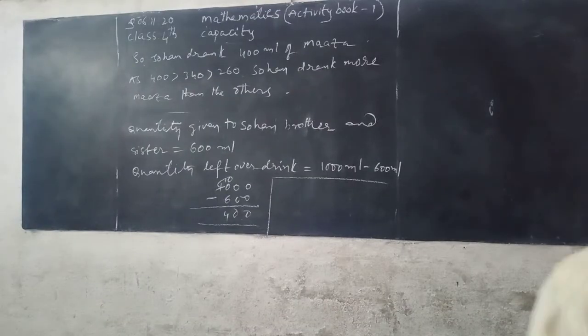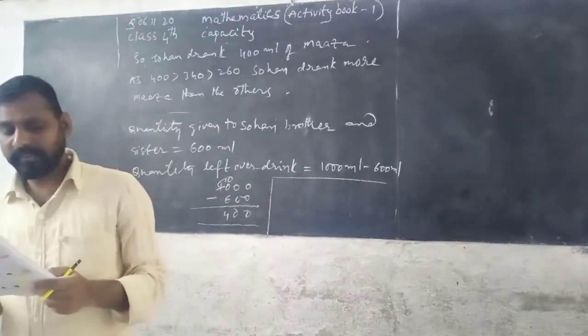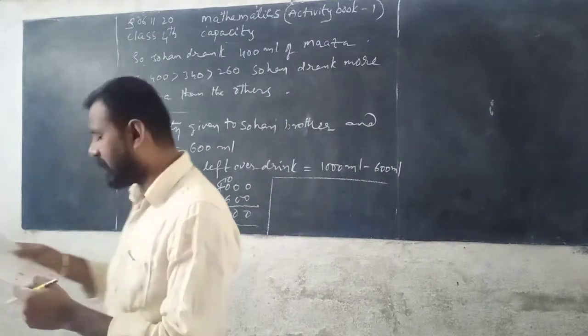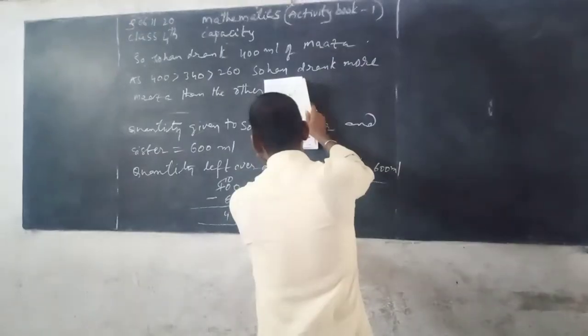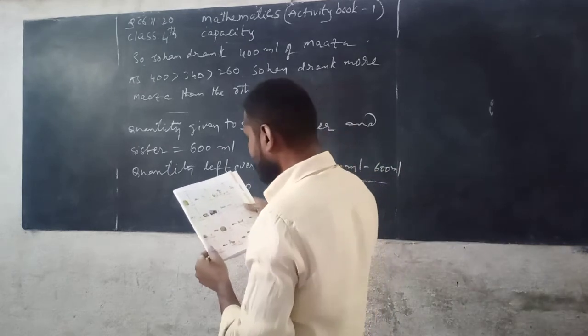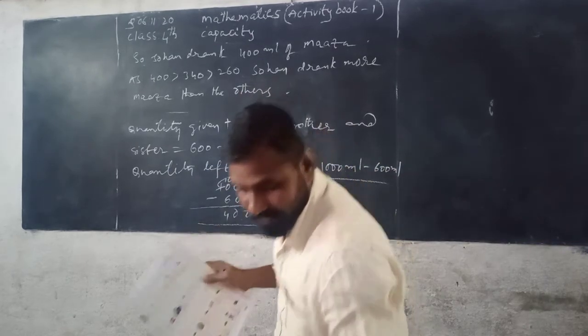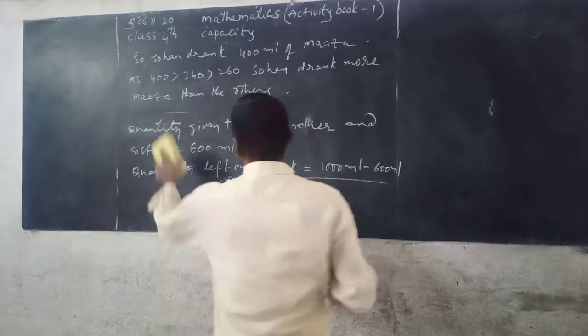Now next one: how many more grams or kilograms are needed to balance the weight here? 1850 grams. The weighing object is 1 kg 500 grams. Listen carefully, this is very, very important.